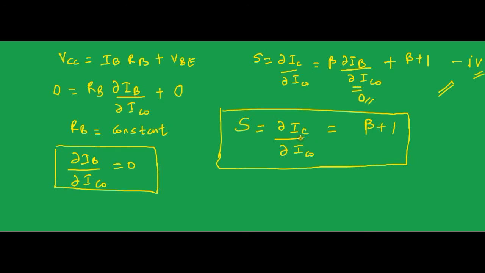So this is the stability factor of the fixed bias circuit. Since we know that beta will be very large, say around 200 or something, this value is extremely large for a fixed bias circuit. So the conclusion is that the fixed bias circuit is not stable and the operating point will not stay at that point.